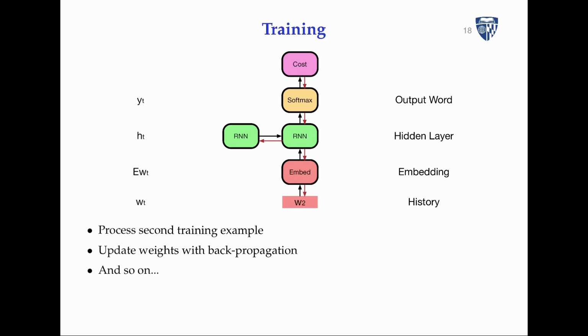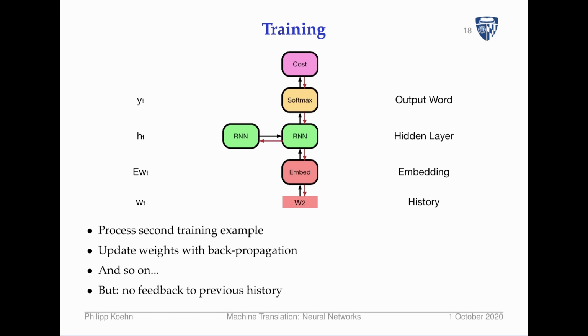We can do this for the second word, and then also feed updates for another word. So for instance, at this point, we have to feed back into how to update the embedding on the one hand, but also how to update the relationship of hidden states to each other. We don't actually have a connection to the previous word, so we don't really connect this back up to word number one.